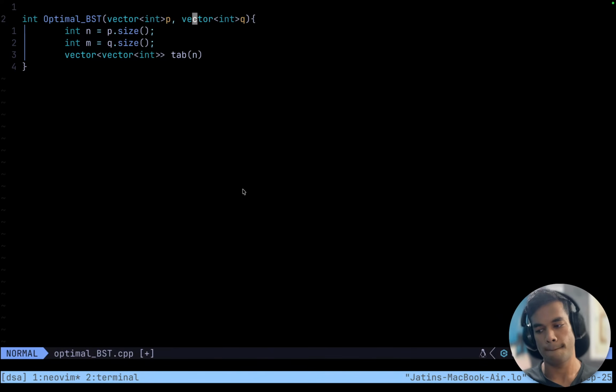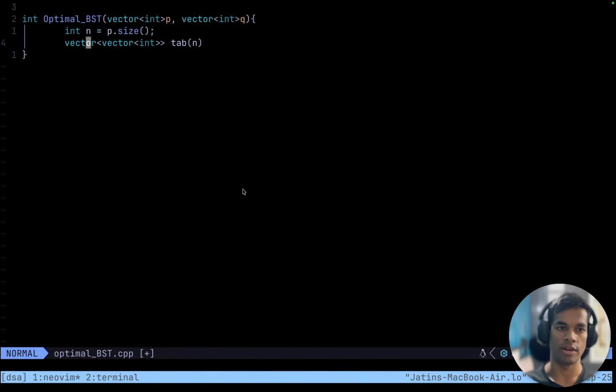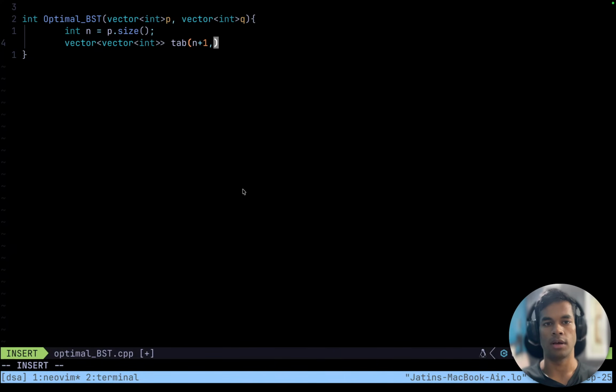These two things are very similar. m is just equal to n plus 1, so we don't need that. n plus 1 and n plus 1. Wait, my bad. This has to be comma vector int n plus 1.